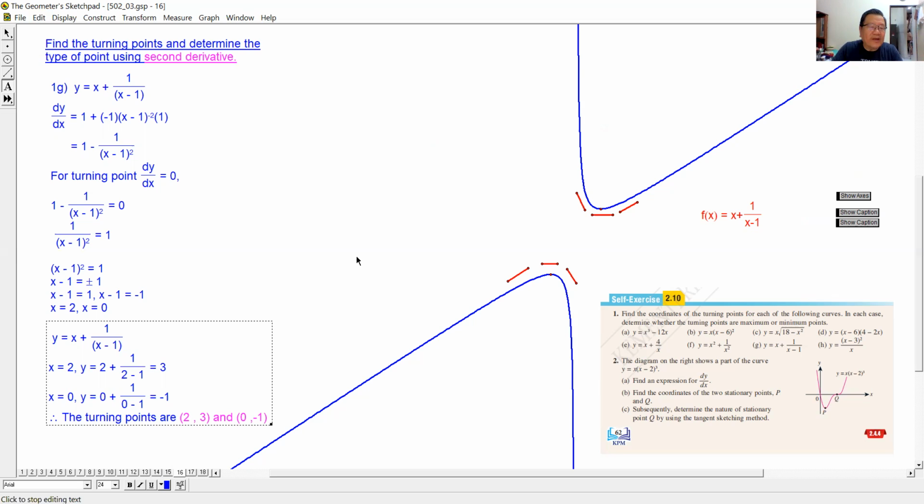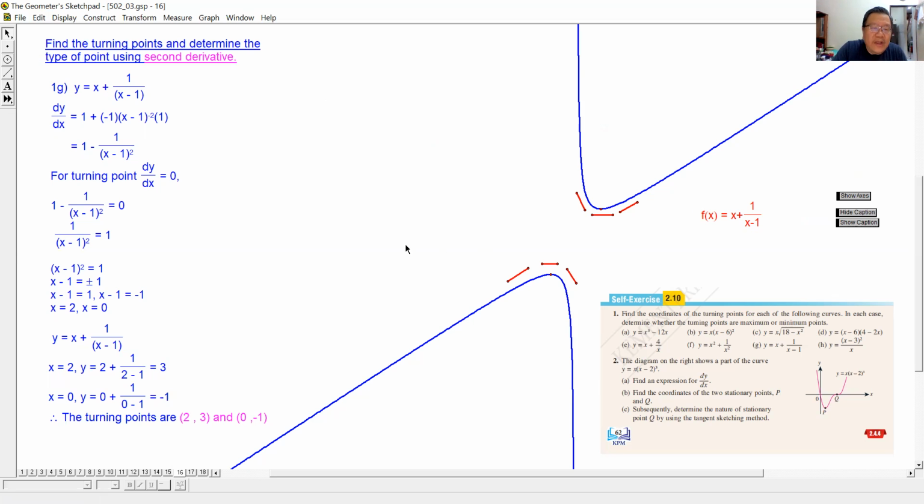So I have two pairs of values here. One is 2, 3, and I create one turning point. Then another pair is 0, -1, I create another turning point. Okay, right.